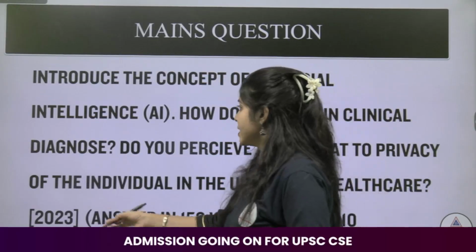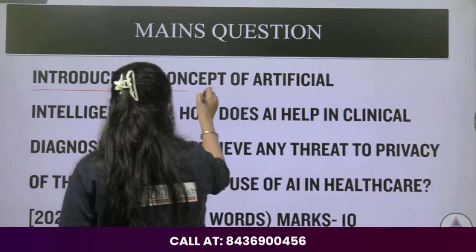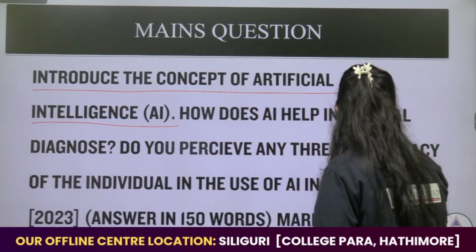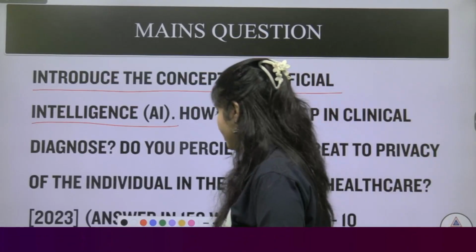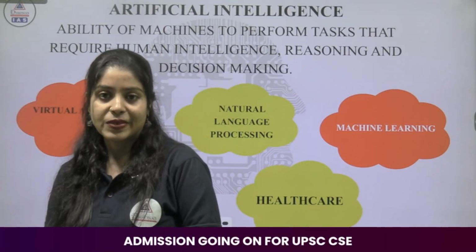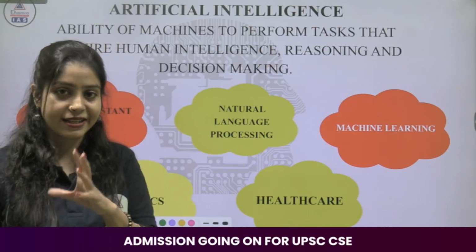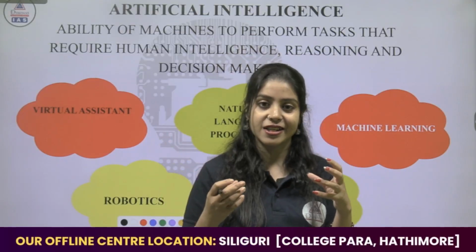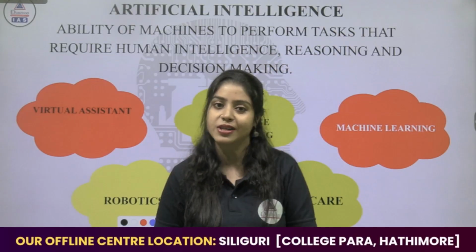So the first part is to introduce the concept of artificial intelligence, AI. For this part, what do you need to focus on? What is artificial intelligence? The word artificial means, it is using human intelligence to perform different types of tasks.